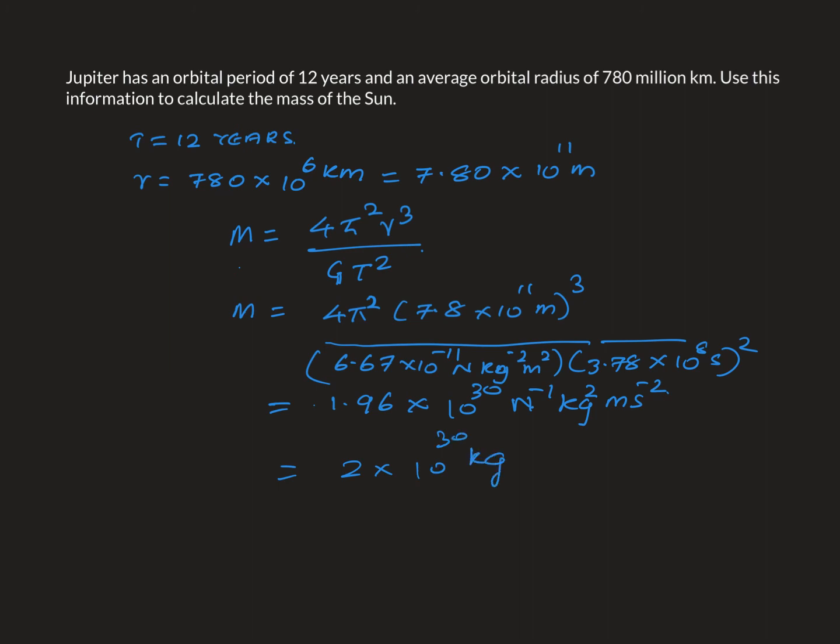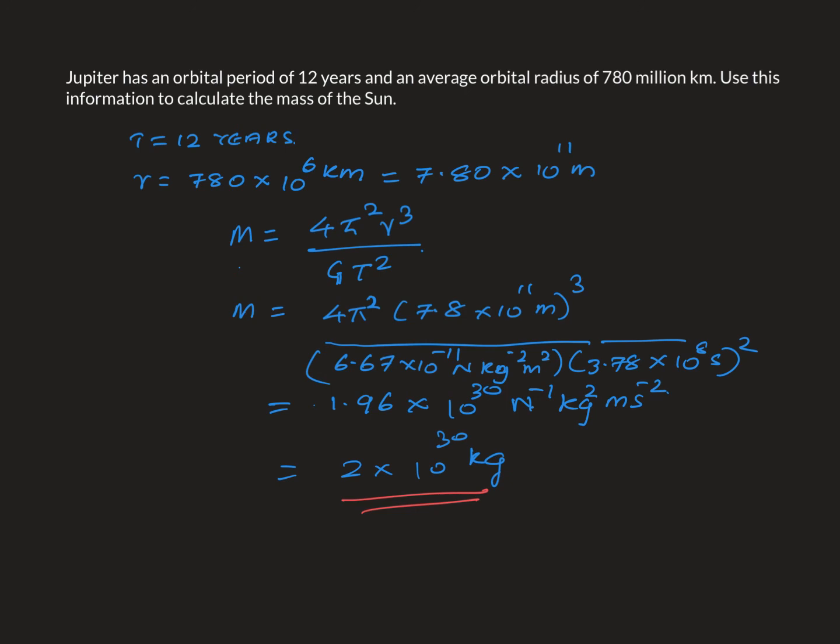So that's the mass of the sun. What we used to find the mass of the sun is the period of Jupiter and the orbital radius of Jupiter, and we used Newton's gravitational law and the equation for circular motion.